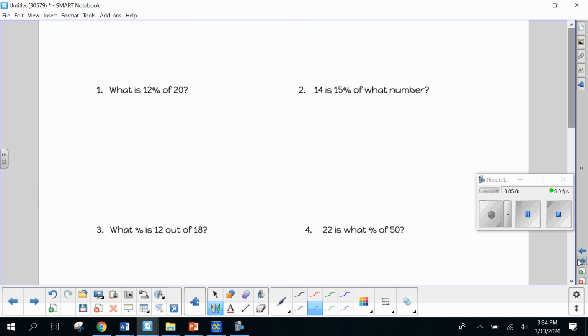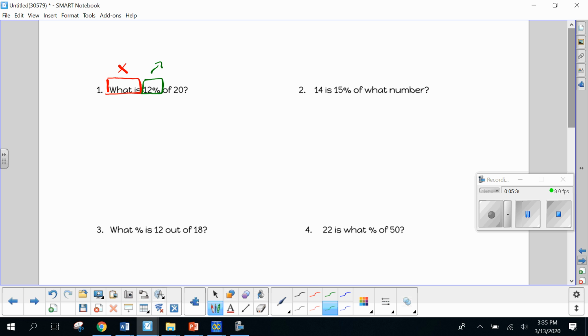All right, let's take a look at example number 1. So I'm going to start with, what is? What is that question. When we don't know what something is, we're going to use X. And remember, I said the percentage is the first thing you're going to look for.